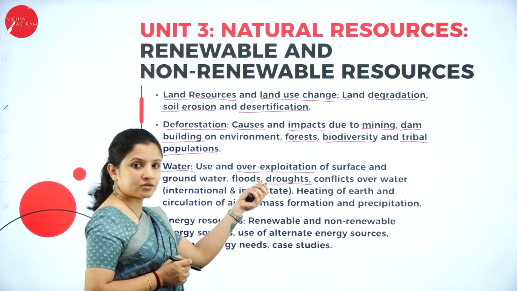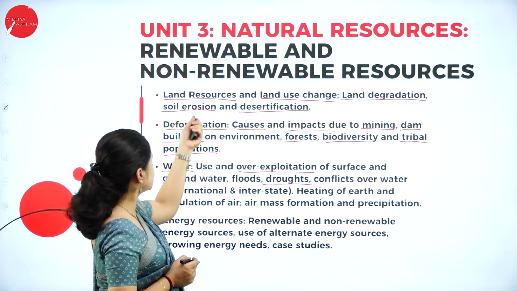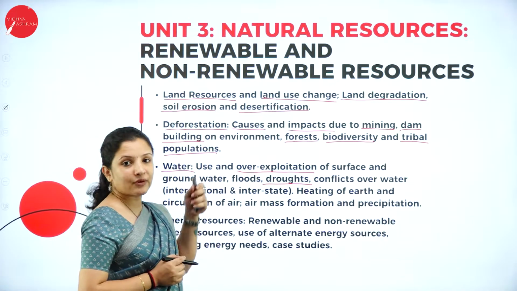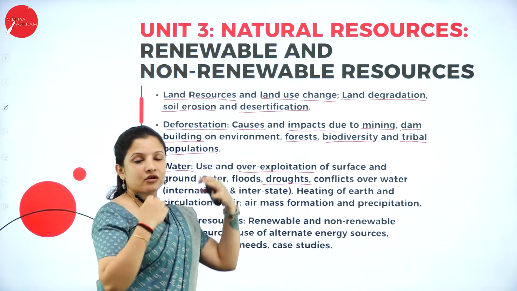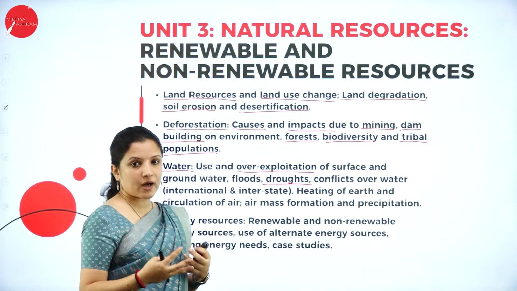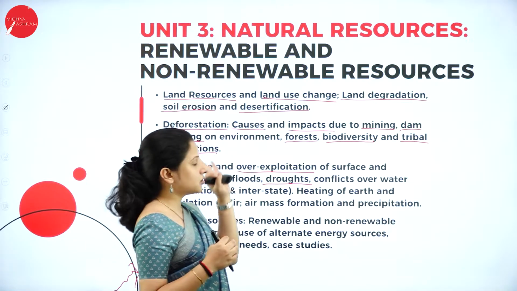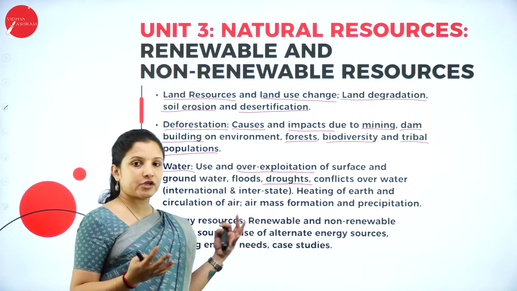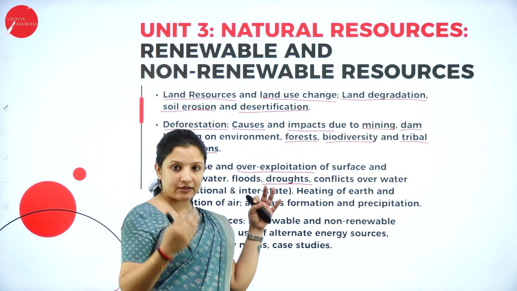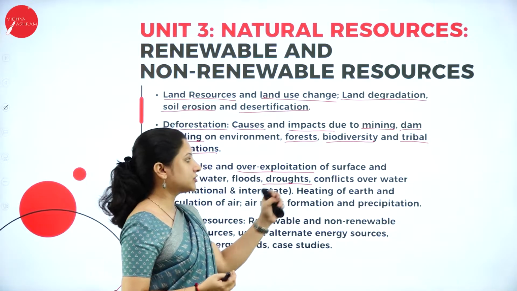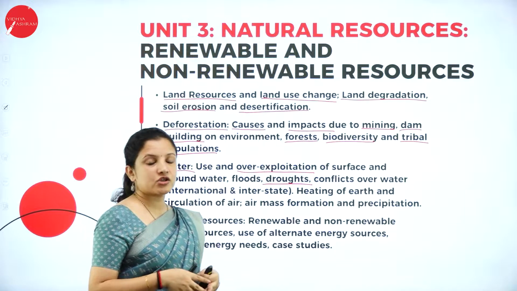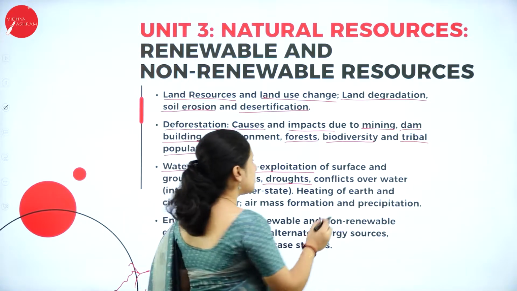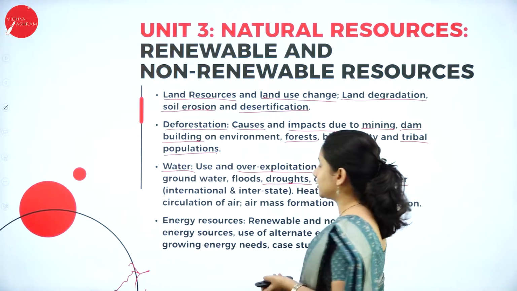Again, one of the main reasons for droughts is deforestation. That is why in environmental studies, each topic is interconnected to one another. So the overuse and exploitation of water, or deforestation, has resulted in droughts, and because of this drought condition, or the scarcity of water, there are conflicts over water, right?